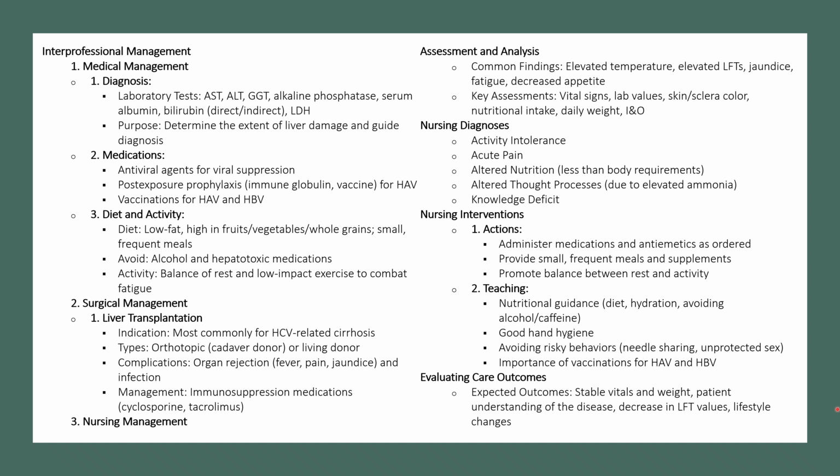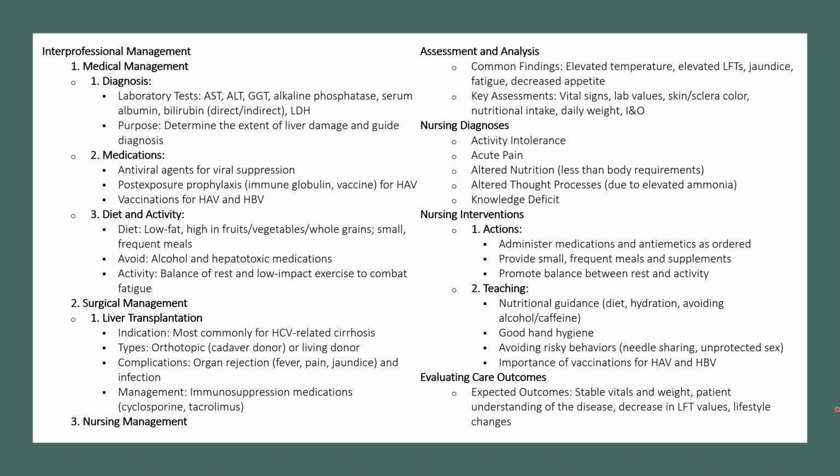For surgical management, sometimes surgery is needed. Liver transplantation is most commonly indicated for patients with hepatitis C related cirrhosis. This can be an orthotopic transplant from a cadaver donor or a living donor transplant.